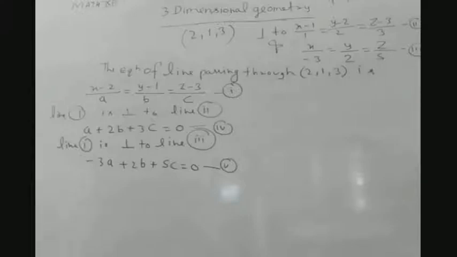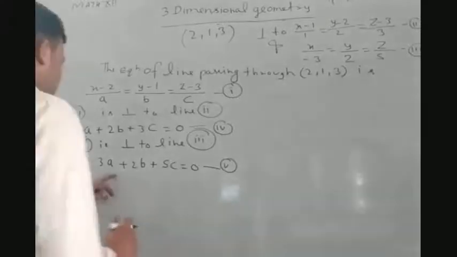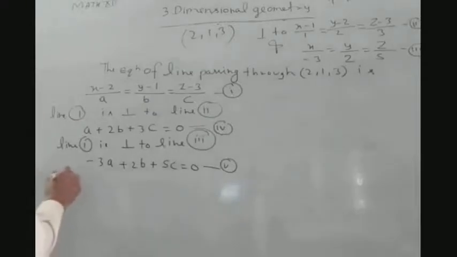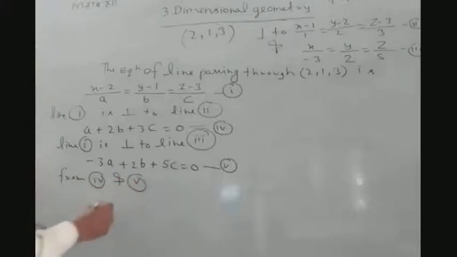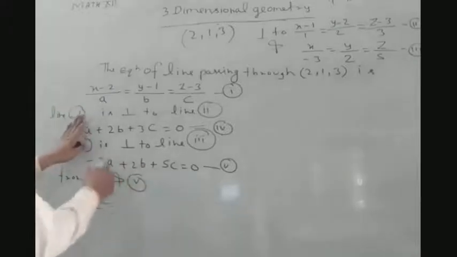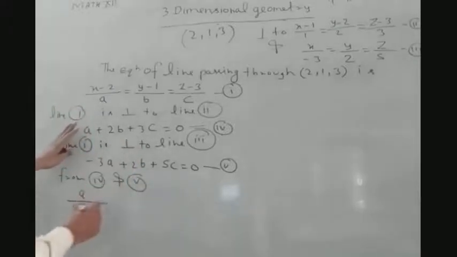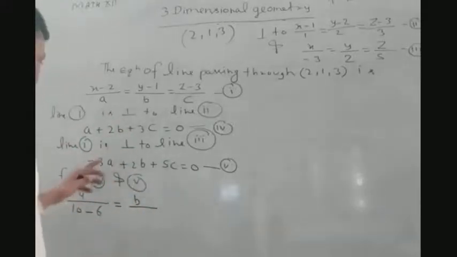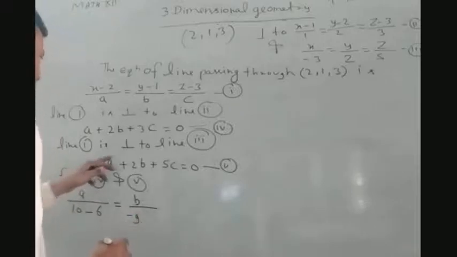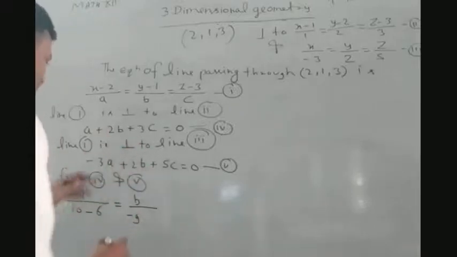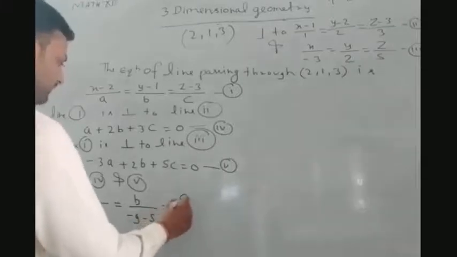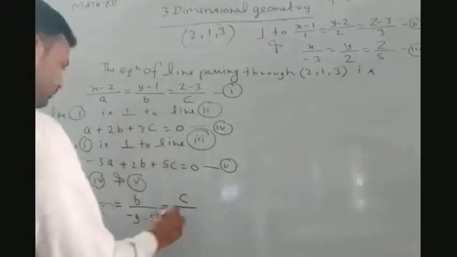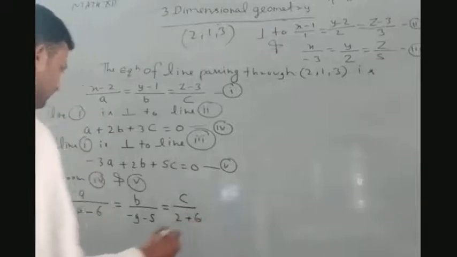Okay, so solving from 4 and 5, we write a by, this will be height, 5 times 10 minus 2 times 6, and b by, this will be height, minus 9 minus 5, and c will be height, 2 plus 6.